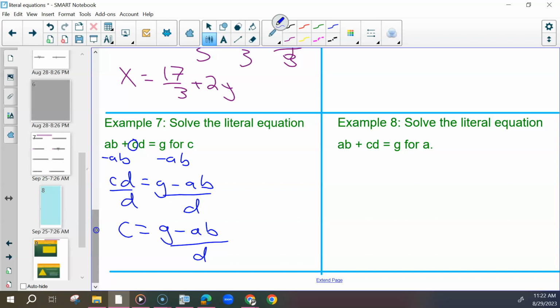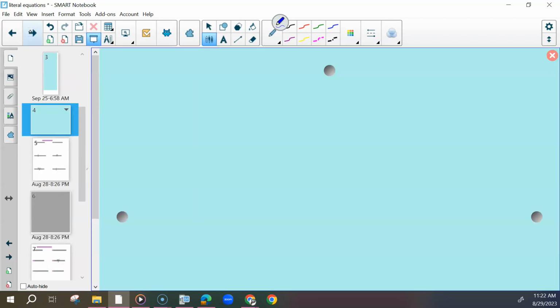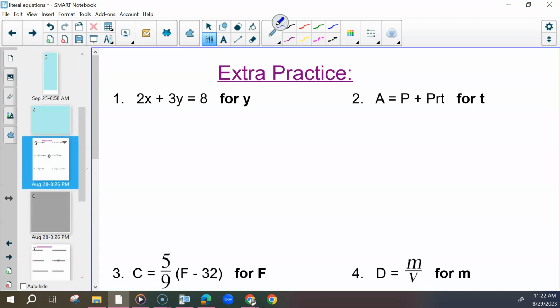Okay, questions on that one? Flip to the next page. Find any questions on this that maybe look confusing, you're not sure where to start, have questions about, and we'll go over any of those.